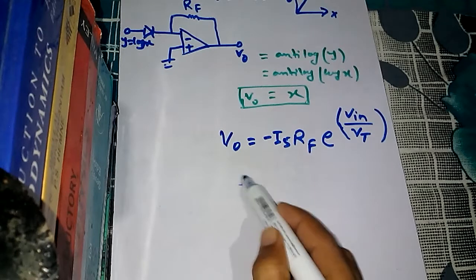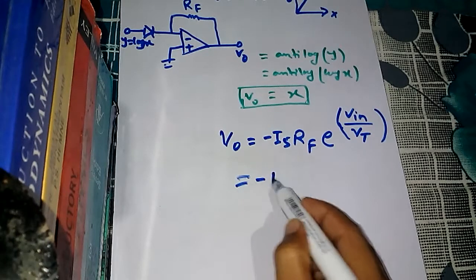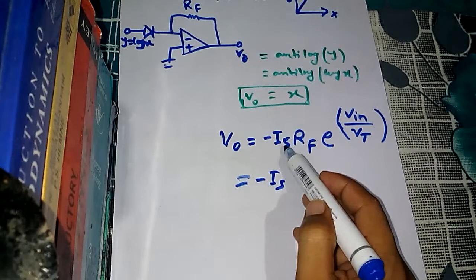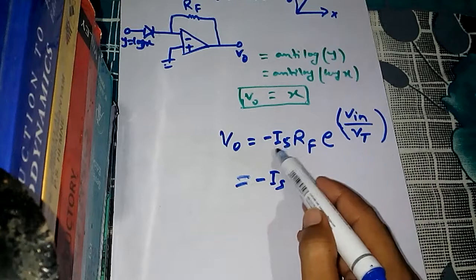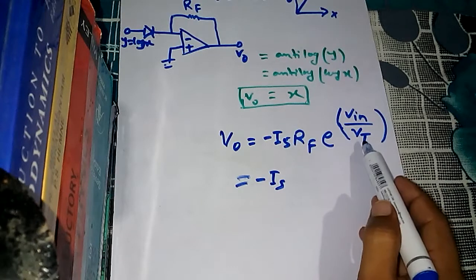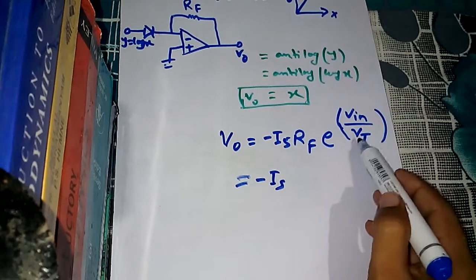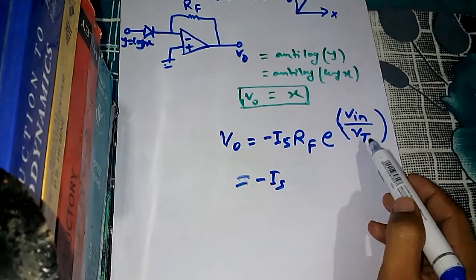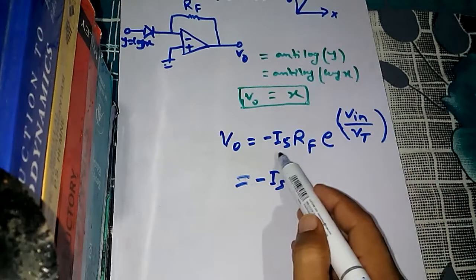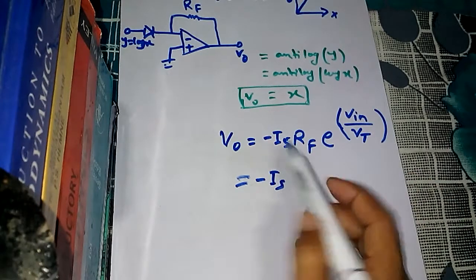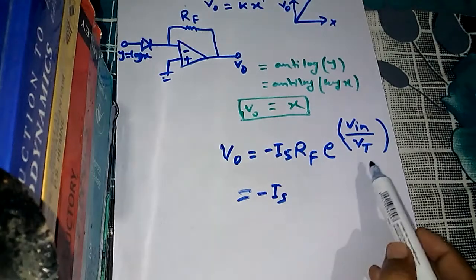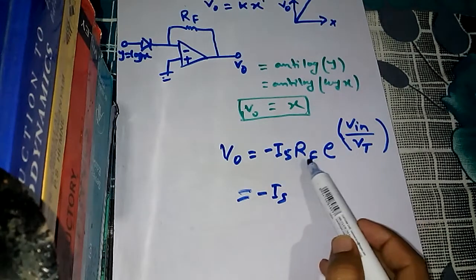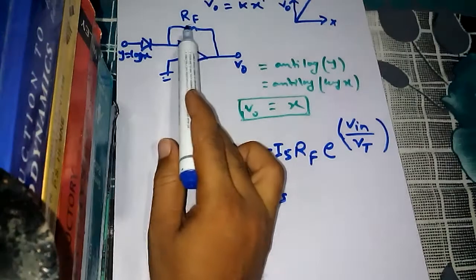How? V output is equal to minus Is, we know, reverse saturation current, Vt is thermal voltage, and reverse saturation current and thermal voltage are constant terms because it is 26 millivolt at room temperature. That means for the diode under some constant temperature, these things are constants. RF is also constant, it's a fixed resistance that we choose here.